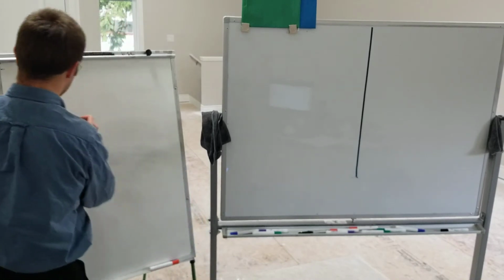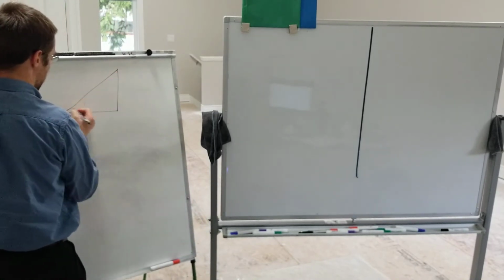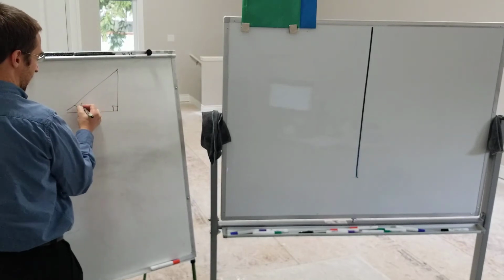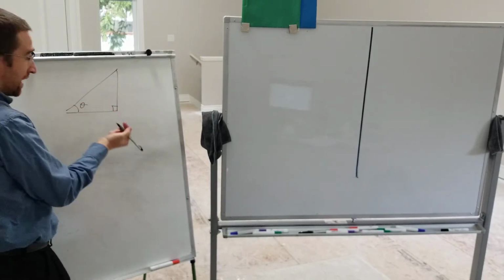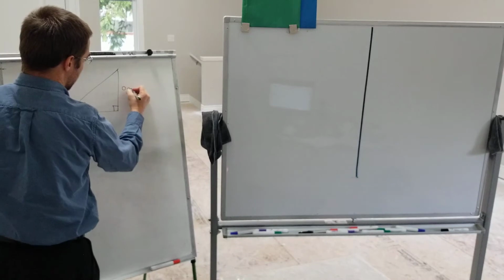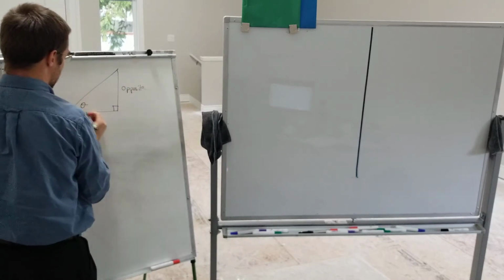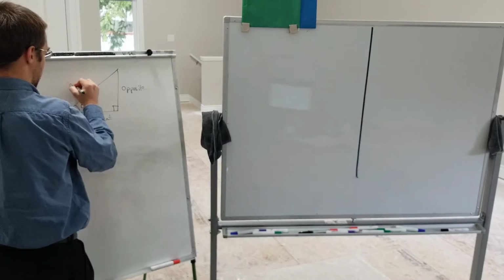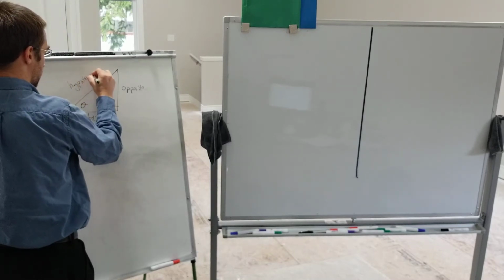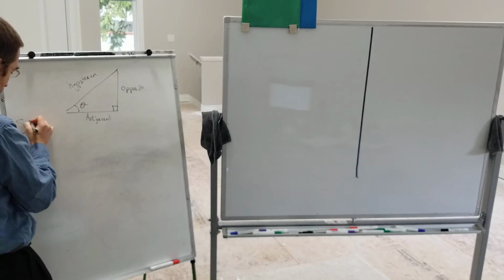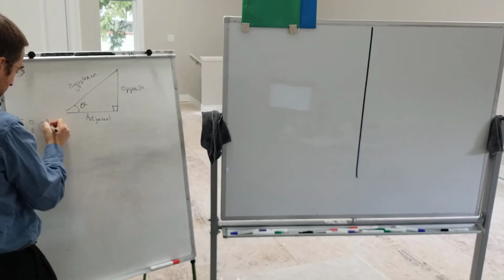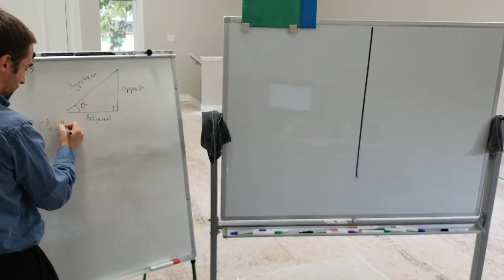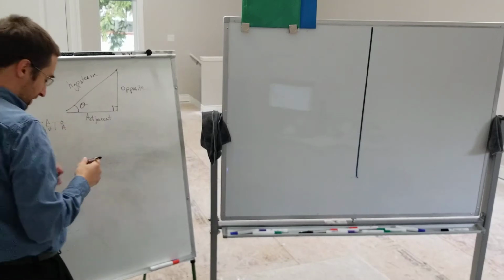In general, if you have a right triangle, you have an angle theta. From this angle, you have an opposite side, an adjacent side, and the hypotenuse. Remember SOHCAHTOA? This tells us the relationship.